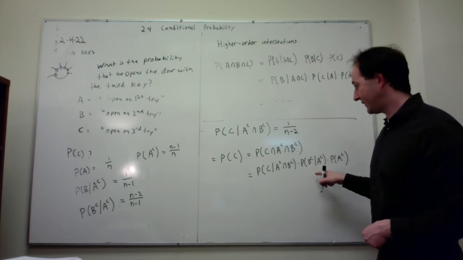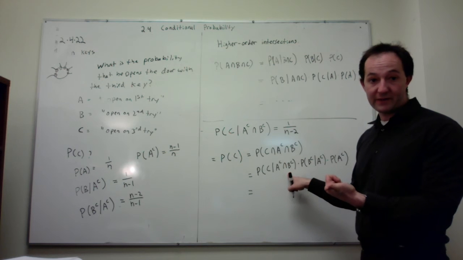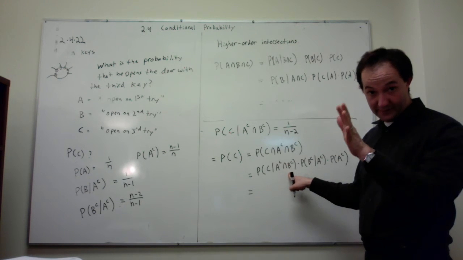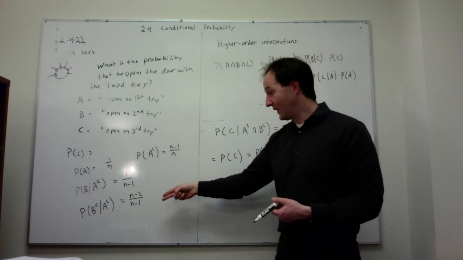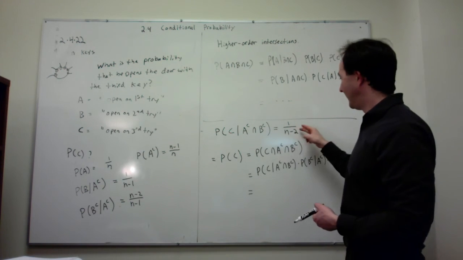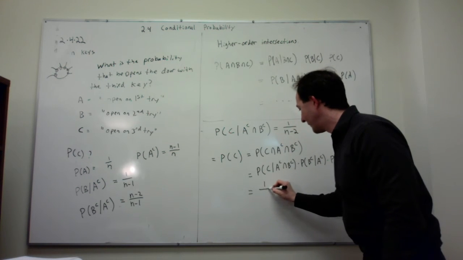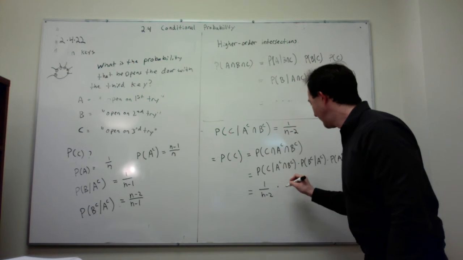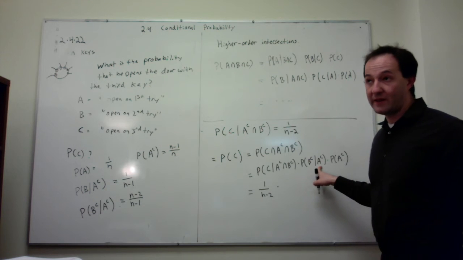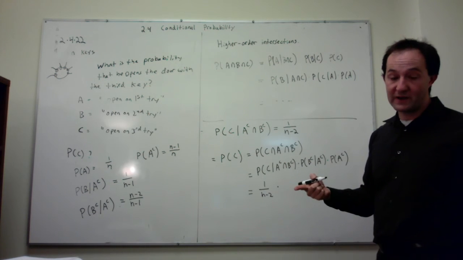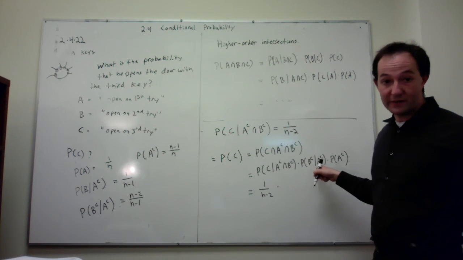So we have all the pieces now. What's the probability of getting it on the third try, given that he's failed the first 2 times? At this point, he's thrown away 2 keys, so he has n minus 2 keys, and one of them is the correct one for his door. So this is 1 over n minus 2. What's the probability of B complement conditioned on A complement? That's the probability that he does not open it on the second try, given that he failed on the first try.